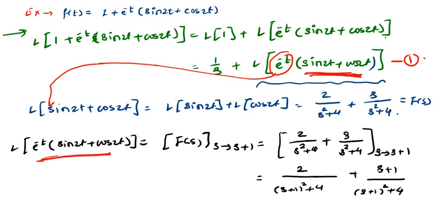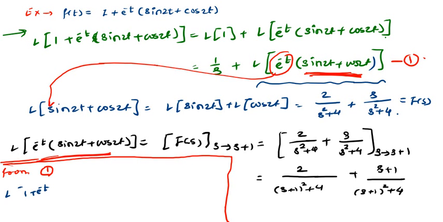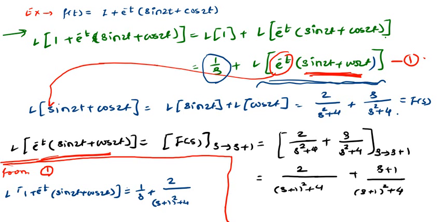Okay, so finally from equation 1 we can write L of 1 plus e raised to minus t into sine 2t plus cos 2t is equal to 1 by s as it is, plus the Laplace of this term, that is 2 upon s plus 1 square plus 4 plus s plus 1 upon s plus 1 square plus 4.